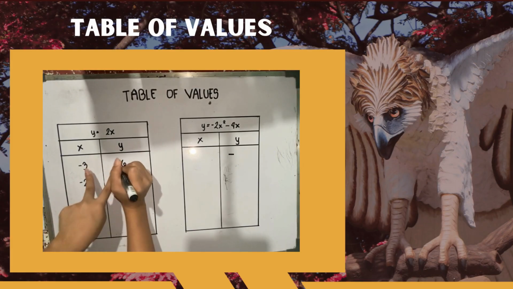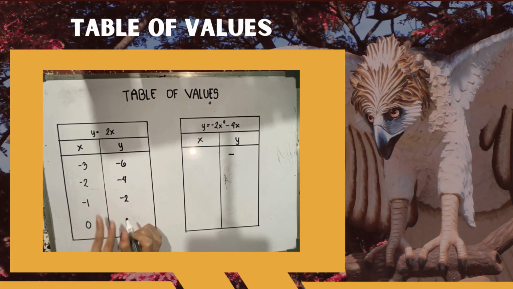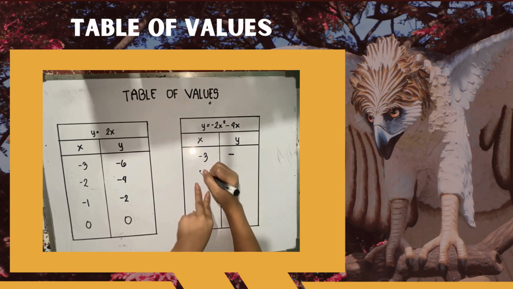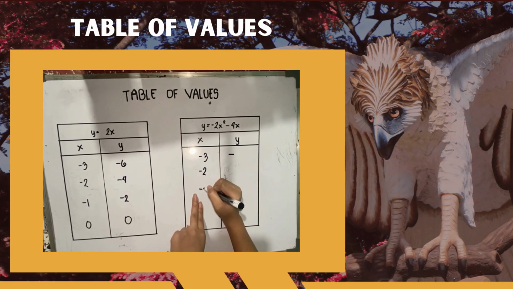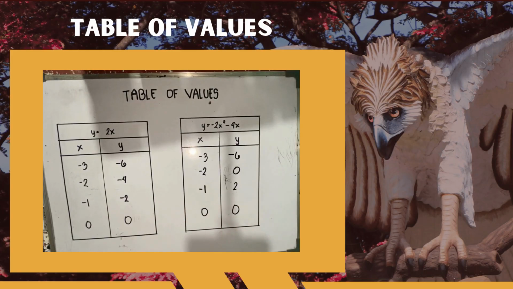For y, negative 6, negative 4, negative 2, and 0. Our second table, we have for x, negative 3, negative 2, negative 1, and 0. And for our y, negative 6, 0, 2, and 0.